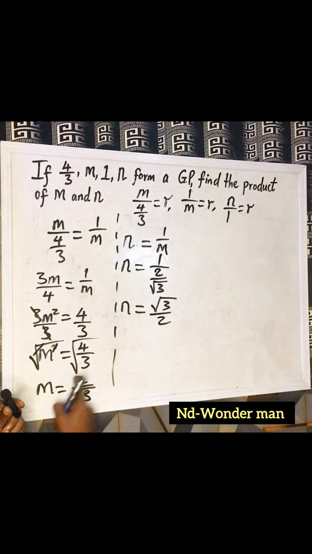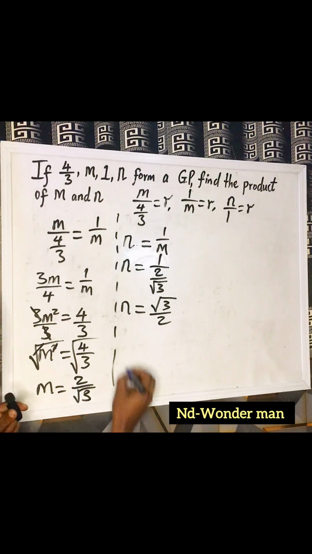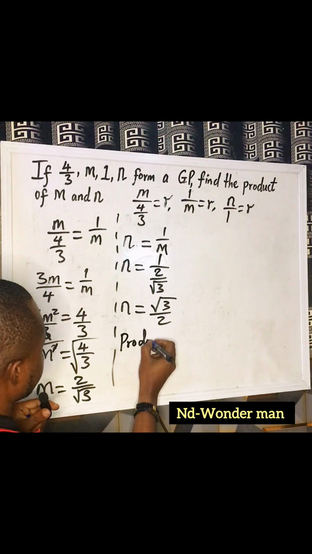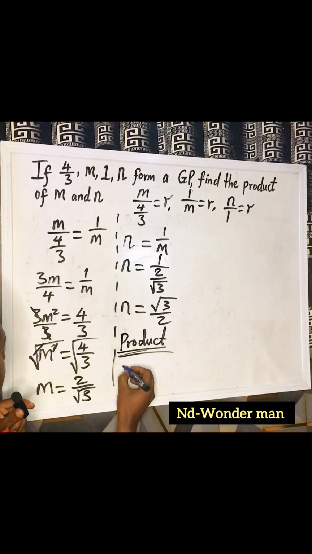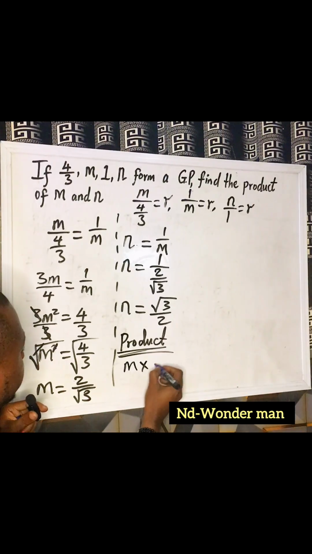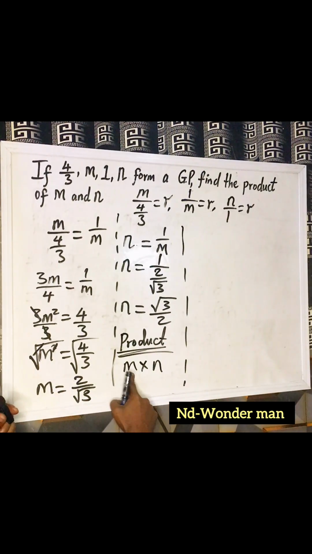And our m is 2 over root 3. Can we find their product now? Yes. Talking about the product, we can say m times n. And what is the value of m? m is 2 over root 3.